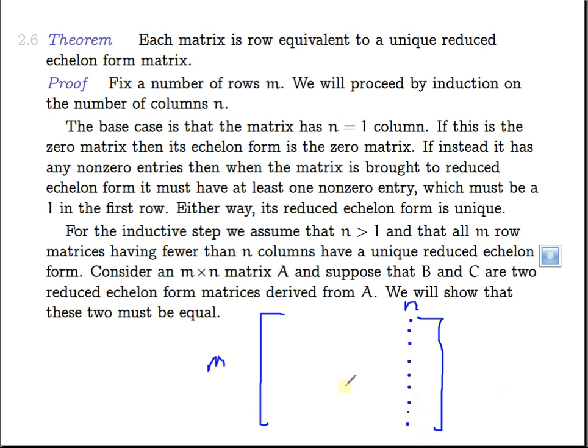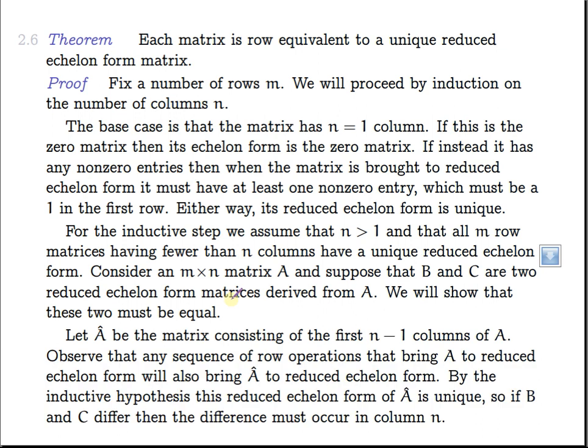Now if we consider this matrix here, which he calls A twiddle, I think, this matrix only has n minus 1 columns. And when we reduce this matrix, there is a unique reduced row echelon form that's established by the inductive step. Then all we have to do is show that the last column is unique as well. So we'll see how that works out.